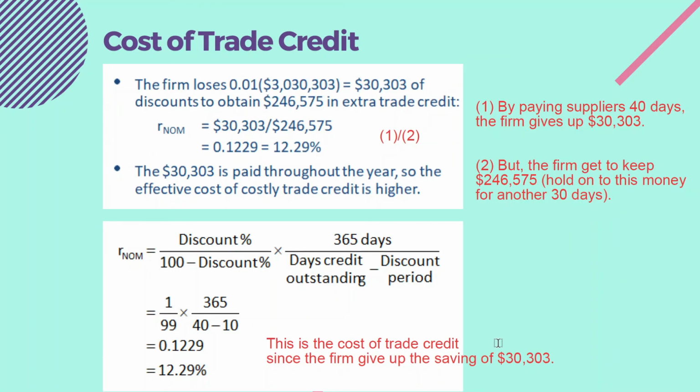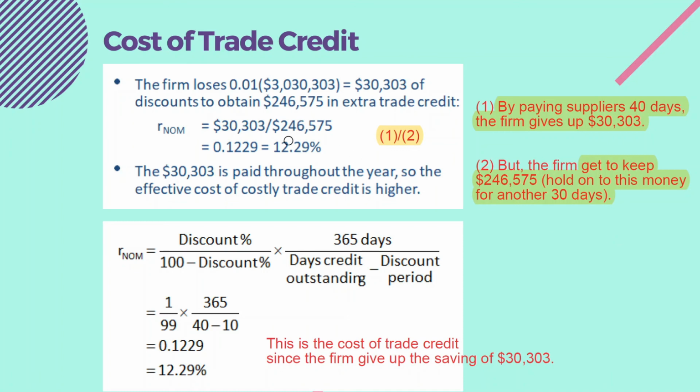We can calculate the cost of trade credit by comparing 1 and 2. Number 1, by paying suppliers in 40 days, our company gives up $30,000 in savings. However, our company gets to keep $246,575 for another 30 days.